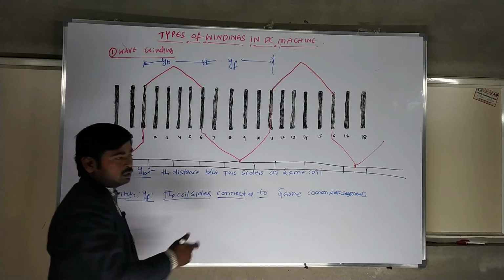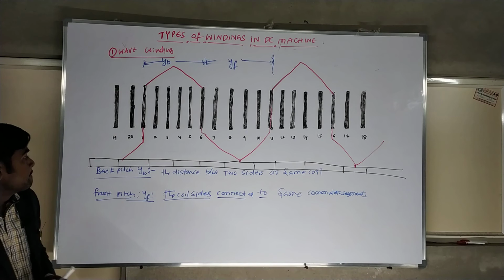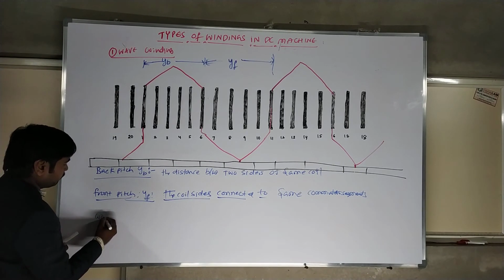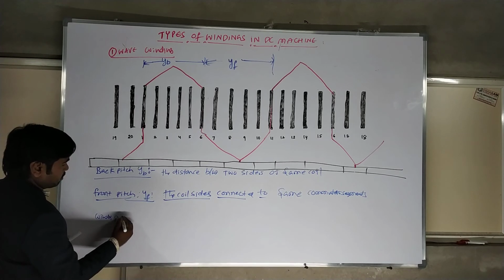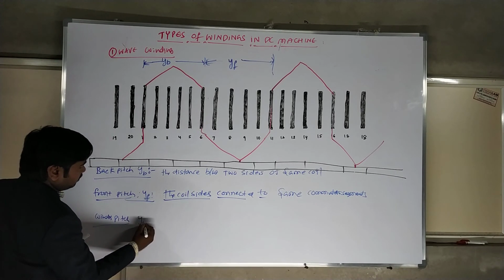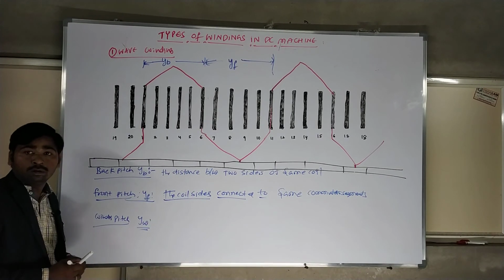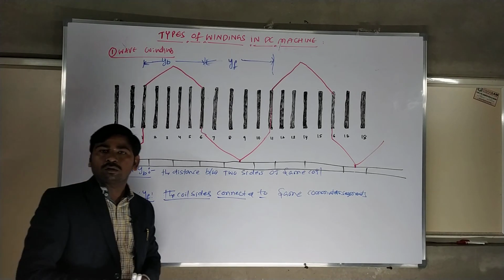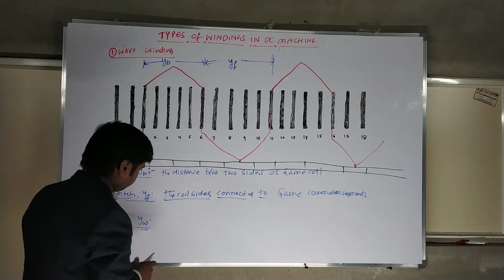So I think it's very clear here. After this, the winding pitch is also very important. The winding pitch is Y suffix W. The winding pitch is the distance between the starting ends of two consecutive coils.